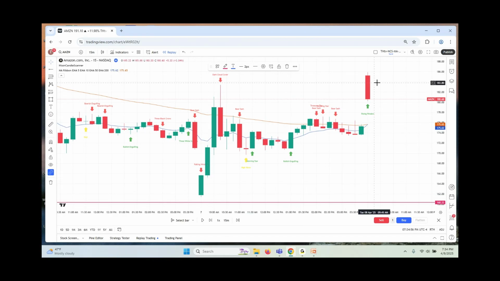You get out and make $11 per share. There are 100 shares per contract. It makes $11 per share, $1,100 per contract by entering here, holding, and then getting out here on the open.